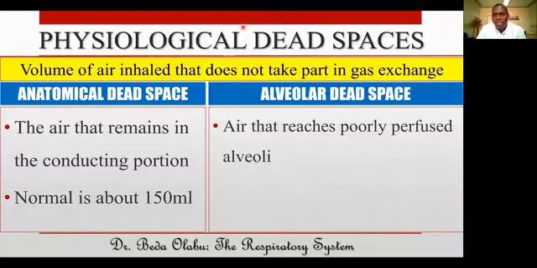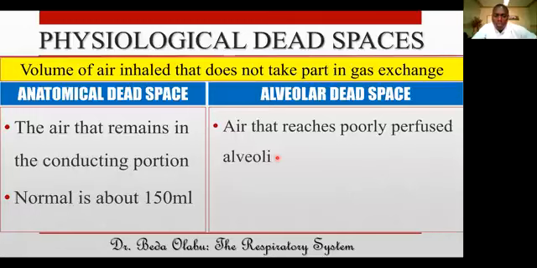And there could be many reasons why the air inhaled cannot participate in gas exchange. So this is one of the reasons. Maybe the air has gone in, yes, and has reached the alveoli, yes. However, that air cannot participate in gas exchange because the alveoli don't have vascularization. They are poorly perfused, or we can just say they lack blood vessels.